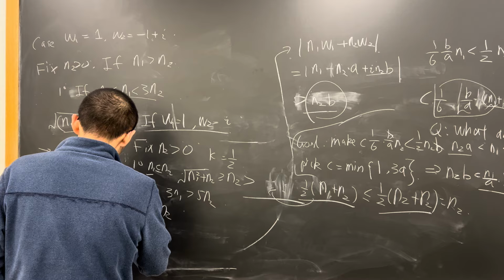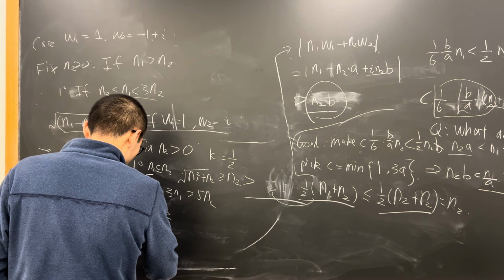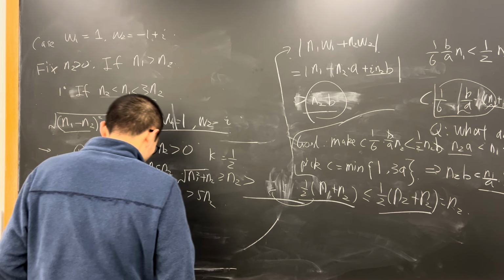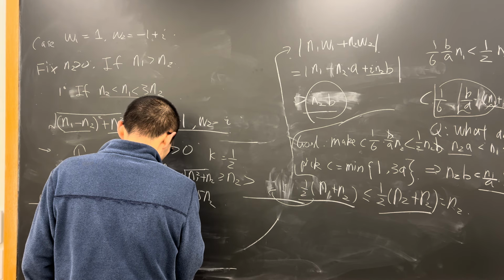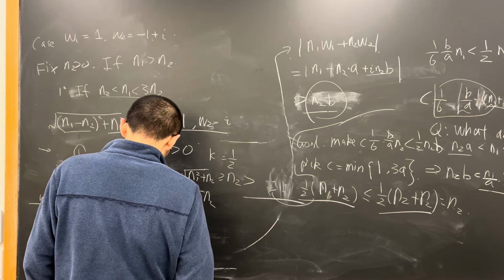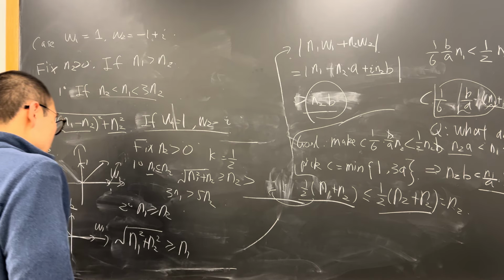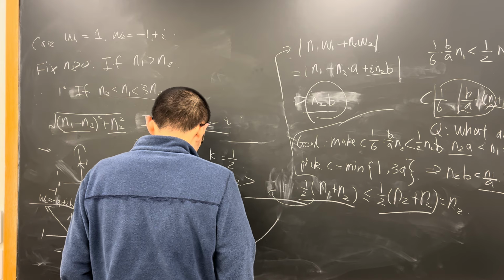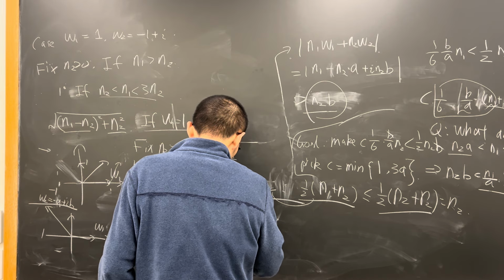Maybe it's a little bit tricky. n1 squared plus n2 squared should be bigger than or equal to n1. I see. So again, we use the same bounds.